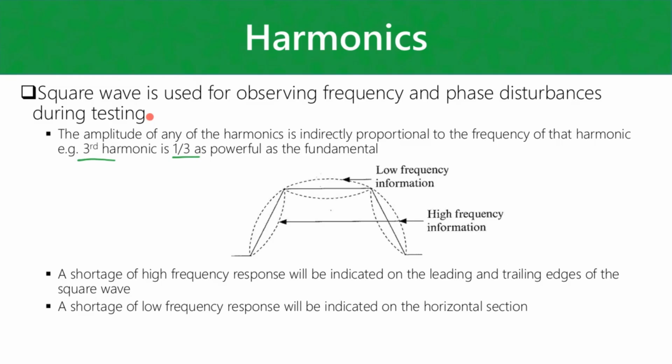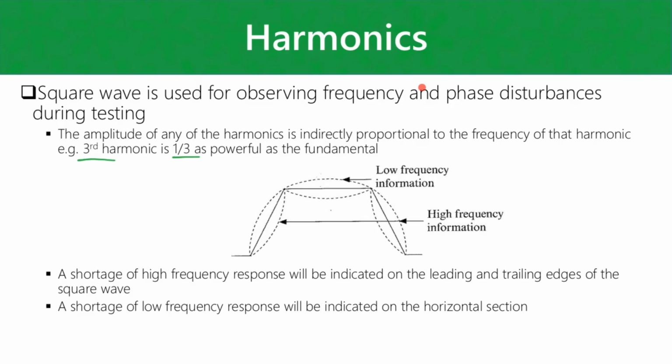Now, we can't really use sine waves to observe any frequency or phase disturbances, because the only thing that's going to happen with a sine wave, if you input a sine wave and you change the frequency or you change your circuit parameters, all that a sine wave is going to show you is a phase displacement or maybe a change in frequency, and that's about it.